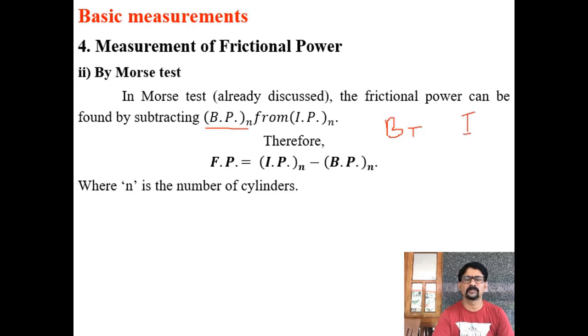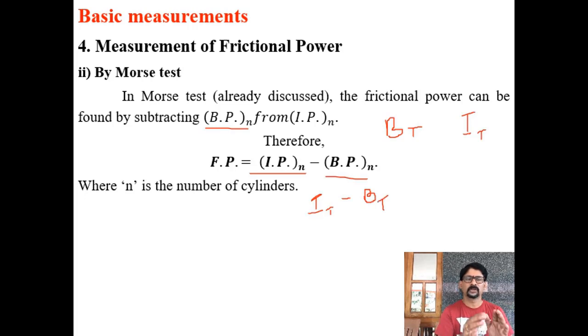So the same terminology you can use. Then friction power will be IT minus BT, that is, total indicated power minus total brake power.